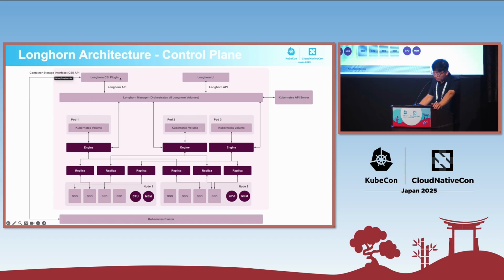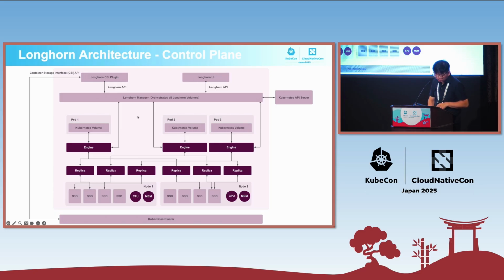Both of the interfaces interact with Longhorn using the Longhorn API. So if you create a Longhorn volume, or you create a workload with a volume, the Longhorn CSI plugin will help to create a Longhorn volume resource, Longhorn volume CR.